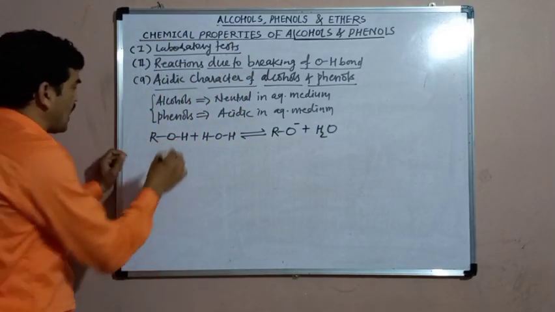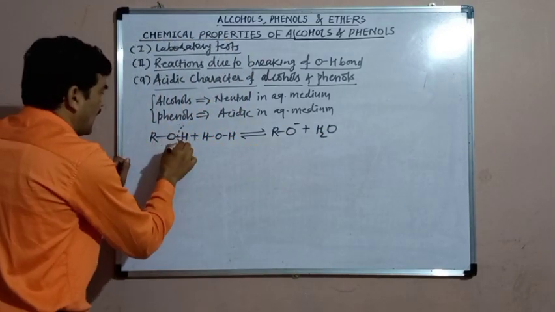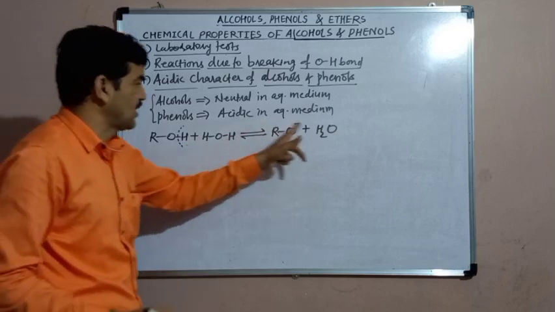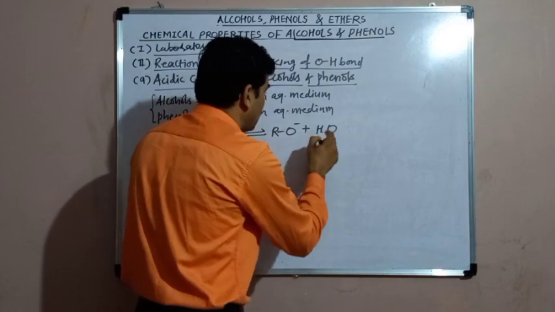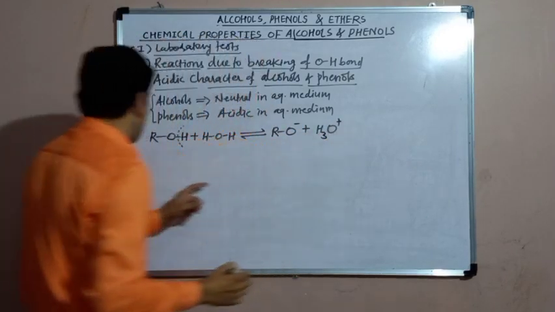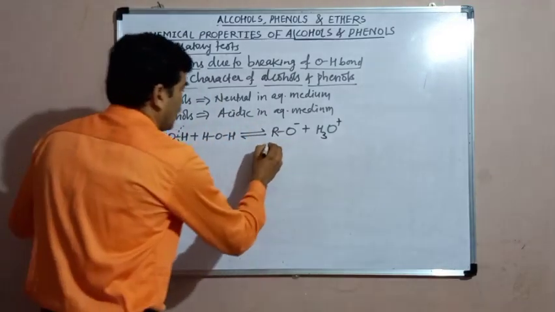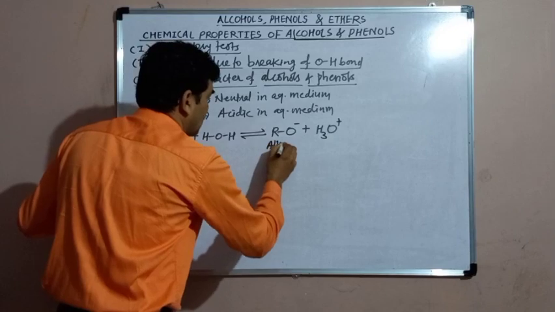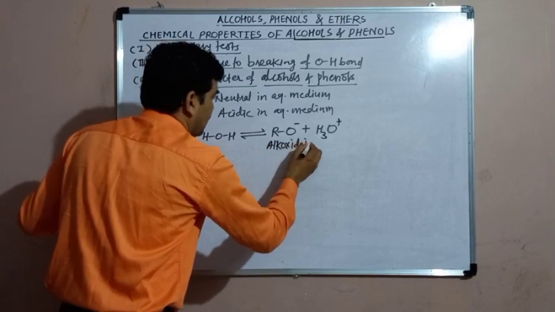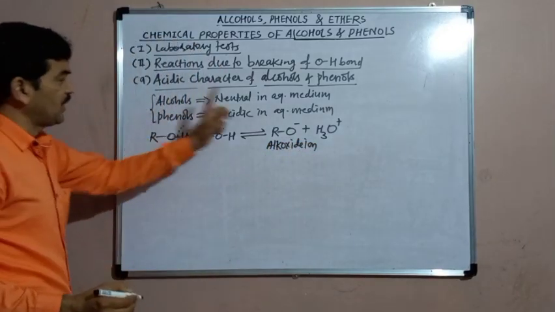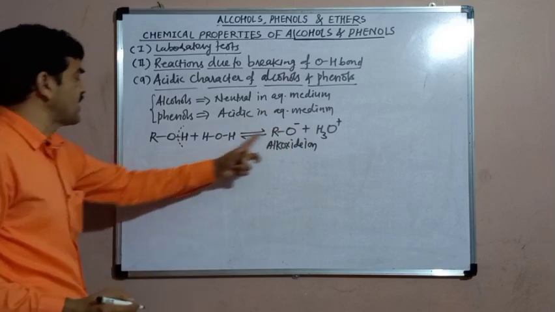H positive is lost by alcohol, and this H positive combines with water to form H3O positive, and the alcohol is converted into the alkoxide ion. This is the alkoxide ion. Alcohol is converted to alkoxide ion. This is the ionization of alcohol.